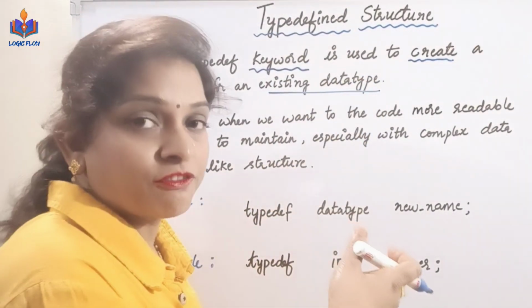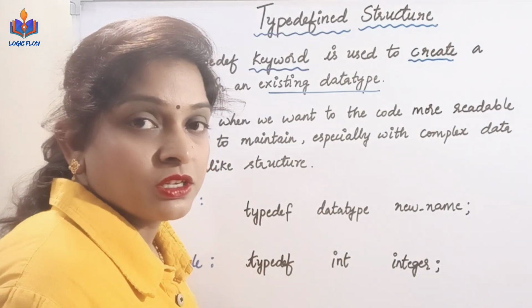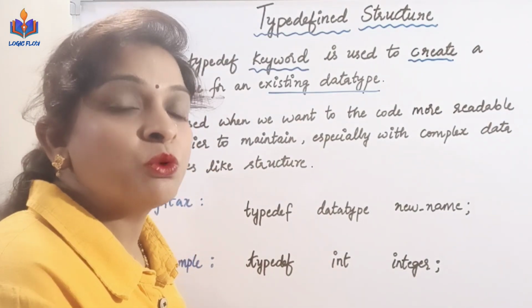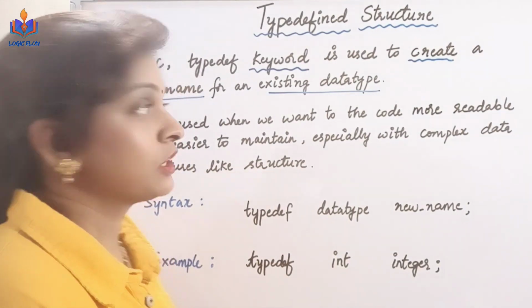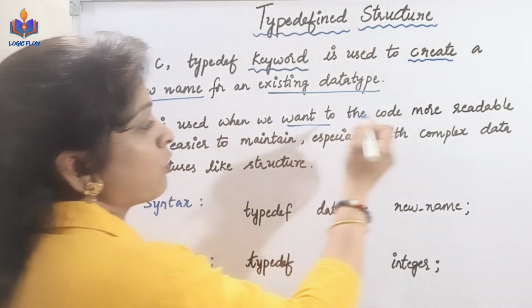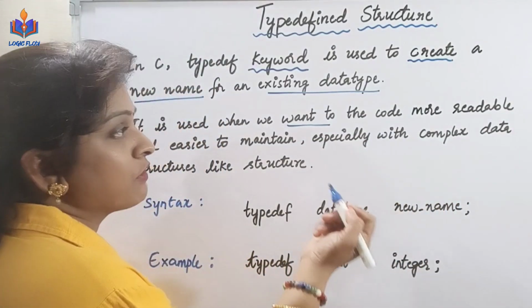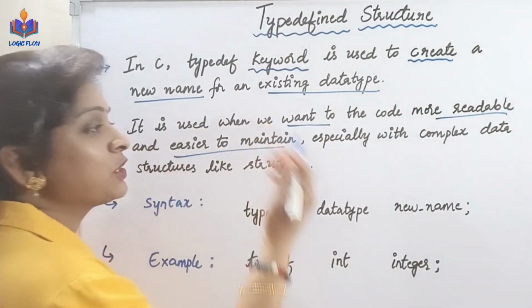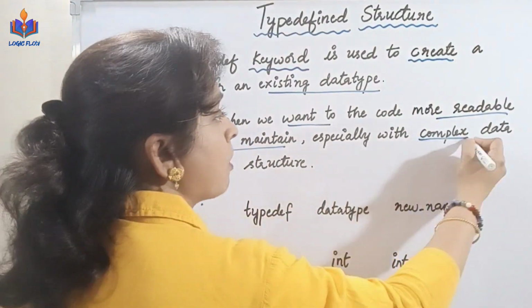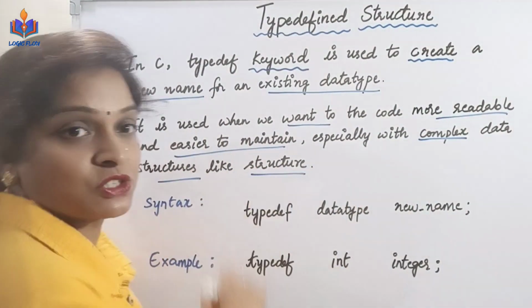So it has been redefined with a new name, and we use this new name as the data type in our program. It is used when we want code that is more readable and easier to maintain, especially with complex data structures like structures.